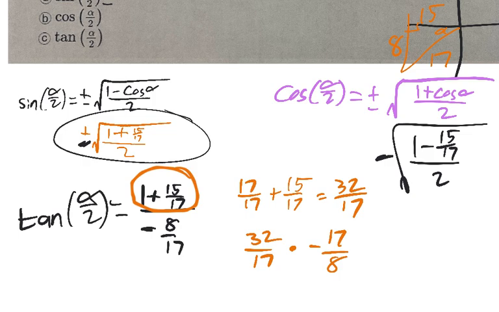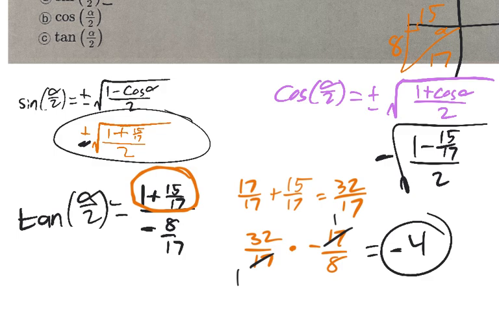I divided by this fraction, which means I multiplied by the reciprocal. Again, go back to 5th grade every time. Now when I'm multiplying, I can cross reduce. So these 17s will reduce to a 1 and a 1. 32 divided by 8 is 4. And then don't forget the negative. So it should be negative 4.